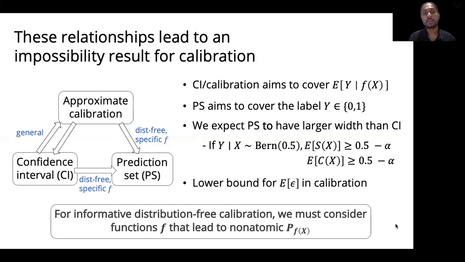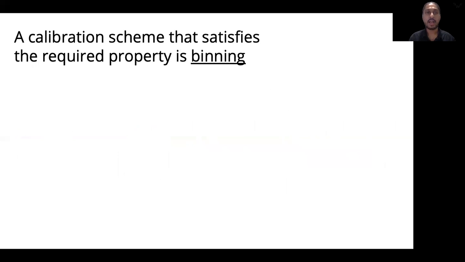However, this is for a specific kind of f. So the next question is, for what f is it possible to get distribution-free calibration? These f's are not the typical f's that we consider for calibration, such as Platt scaling or beta scaling or temperature scaling.